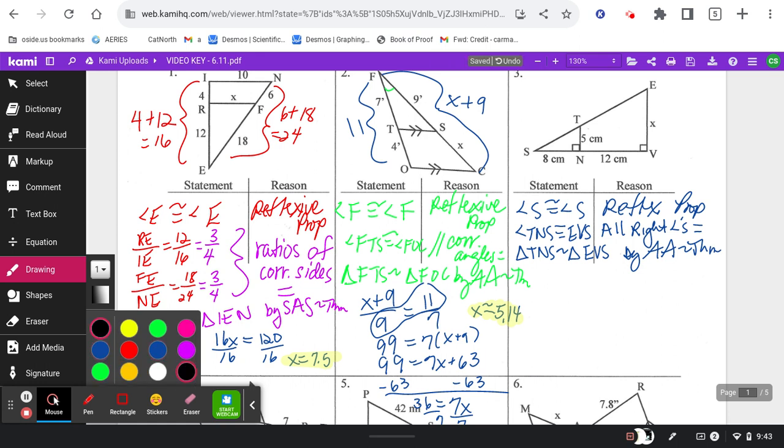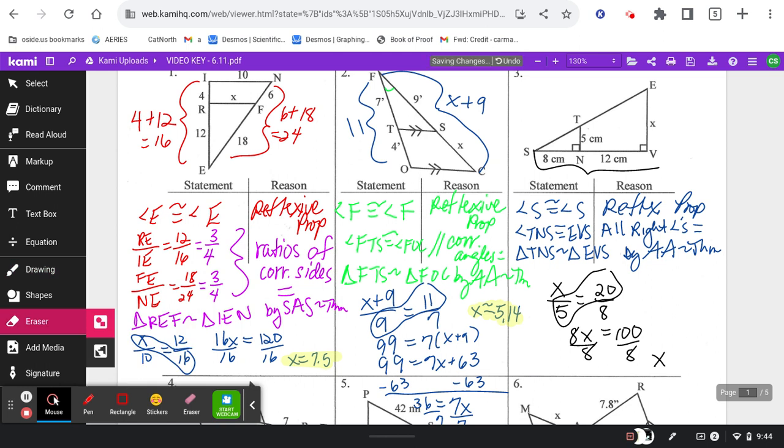Here I go to solve. Big is to small as big is to small. 100 divided by 8 on your calculator. 12.5. I guess I don't need the approximation bar.